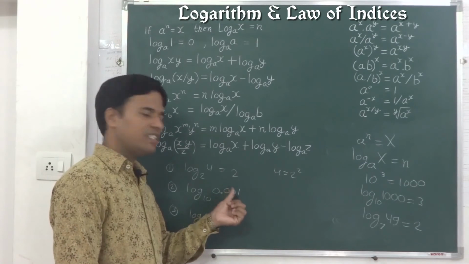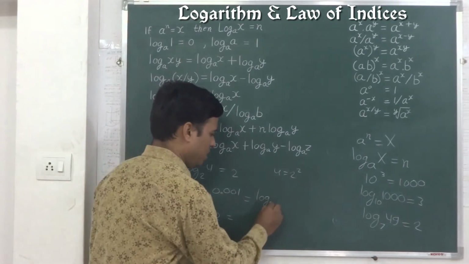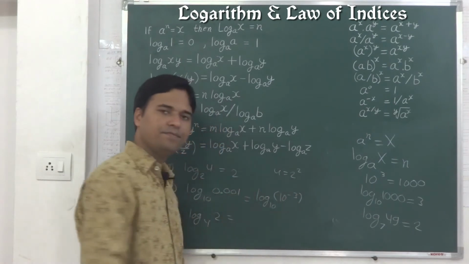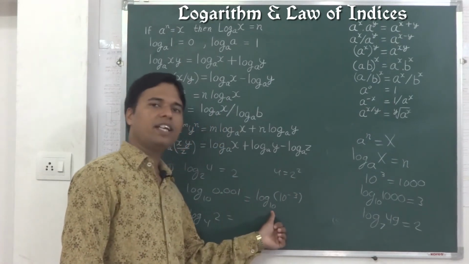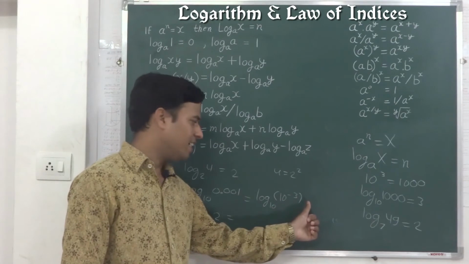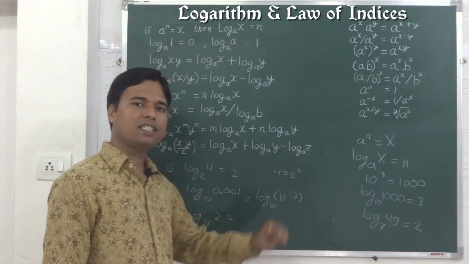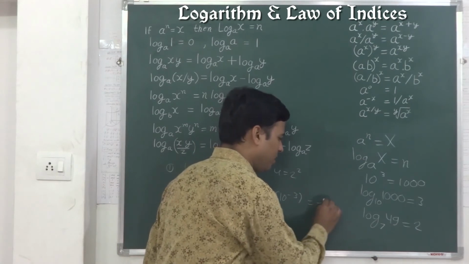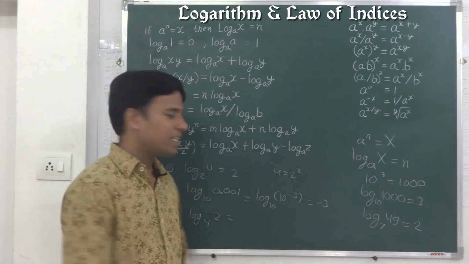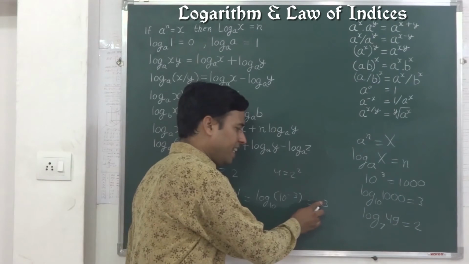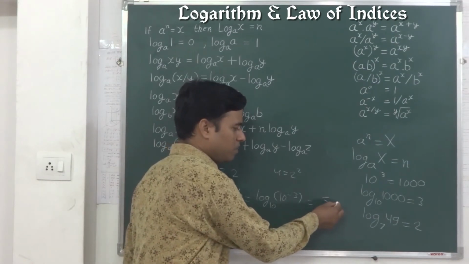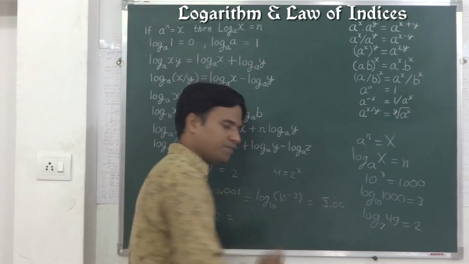If we want to get 0.001, which is nothing but log base 10 of 10 to the power minus 3, the base 10 must have power minus 3 to get 10 to the power minus 3. So we can write here minus 3. But the logarithmic value is written like bar 3.00.